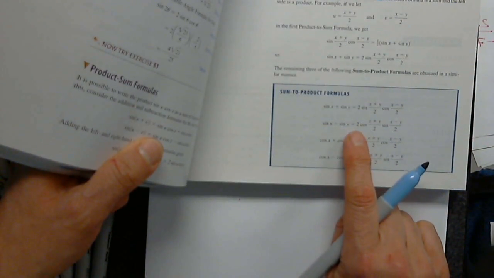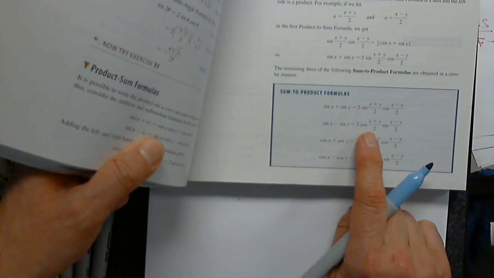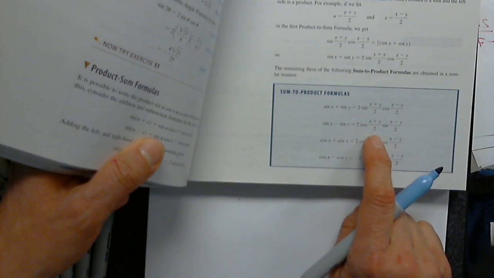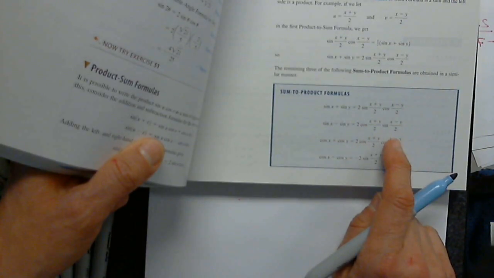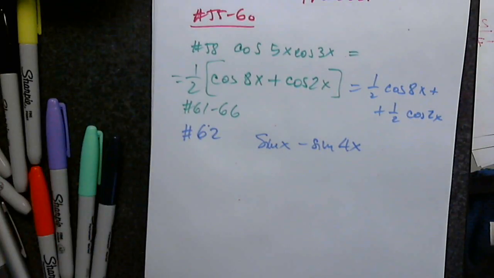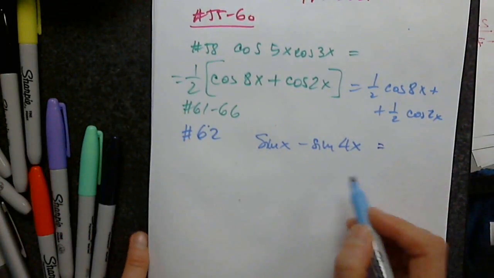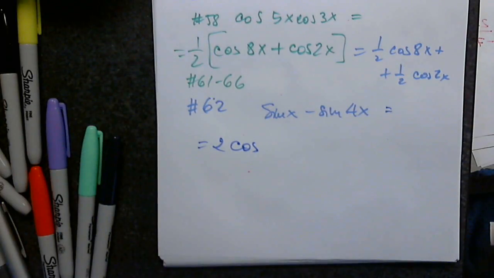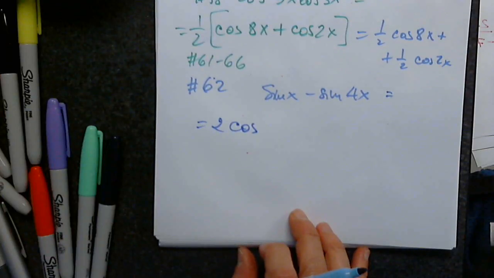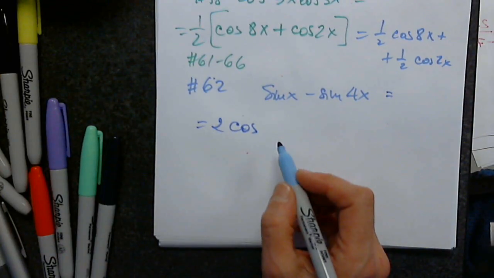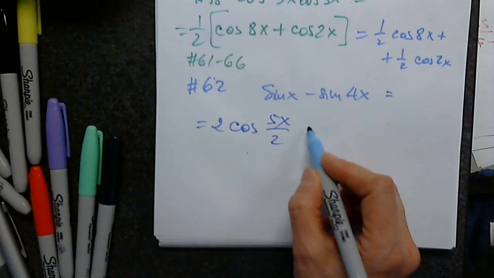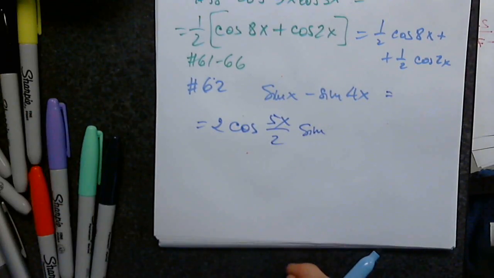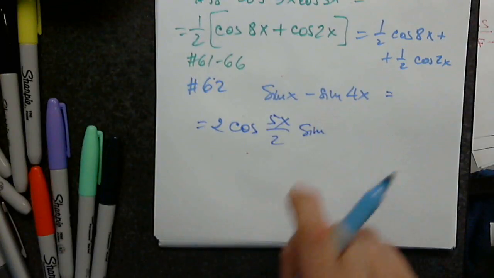So it's twice cosine of the sum of the angles over 2, sine of the difference over 2. So 2 cosine of the sum of the angles over 2. What is the sum of these two angles? Over 2 multiplied by sine of the difference of the angles in the correct order, x minus 4x.